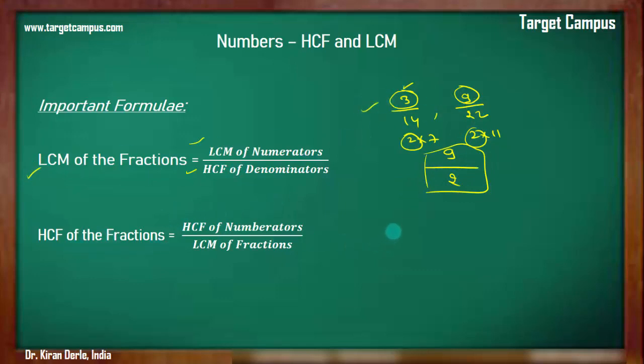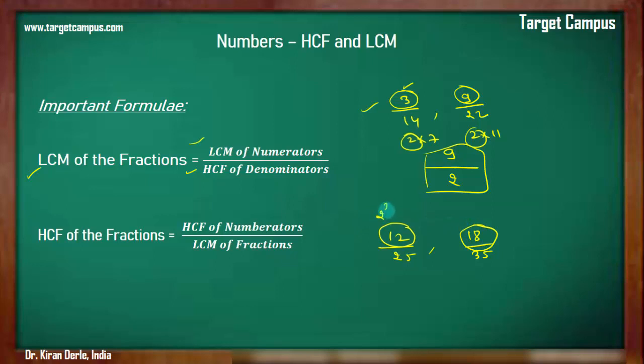HCF of the fractions. Let's take two examples. Let's take 12 upon 25, and the other one being 18 upon 35, right? These are two fractions. What is the HCF of these two fractions? HCF of numerators.